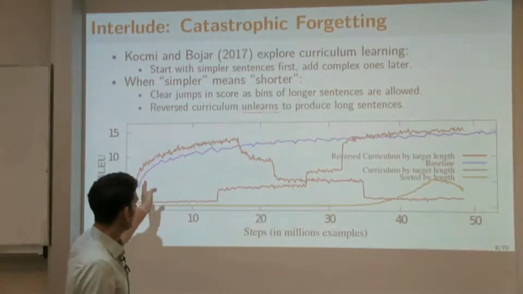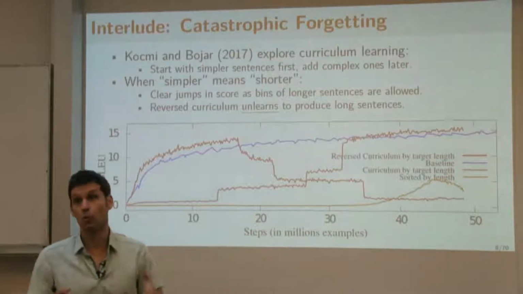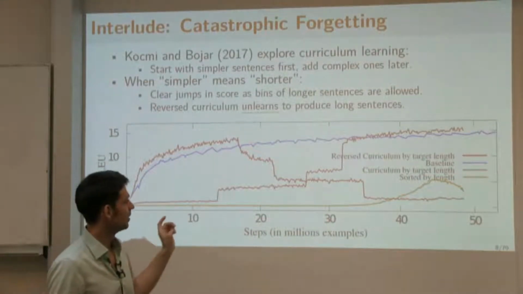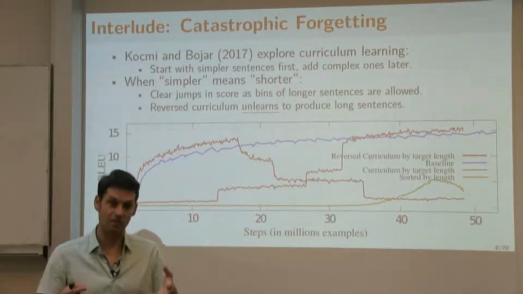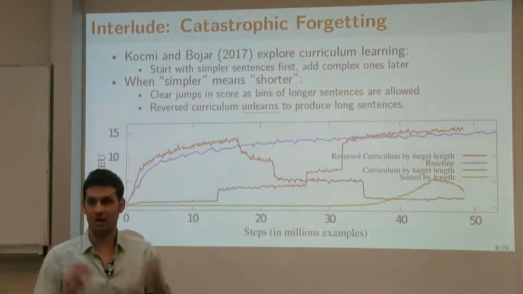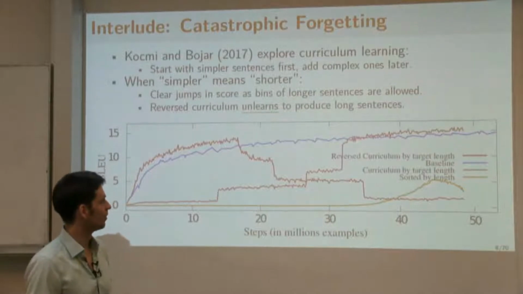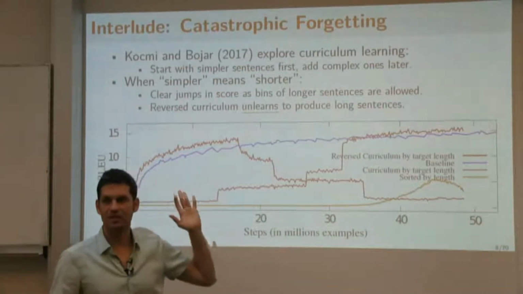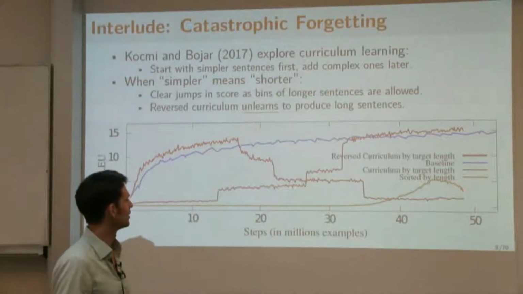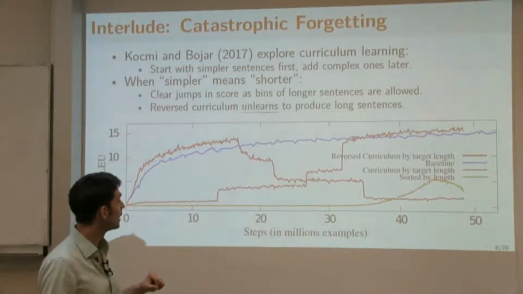In one training step, you see actually more words. The curve reflects the number of sentences processed, but in the same number of sentences, with this bucketing, we have longer sentences, so more words. So the better performance at the beginning is probably due to this effect.